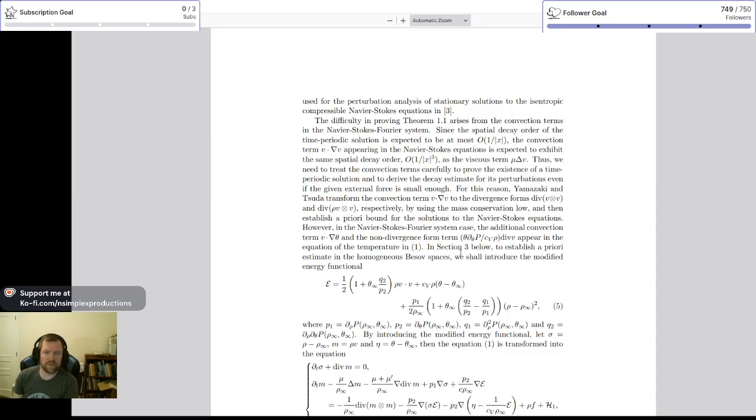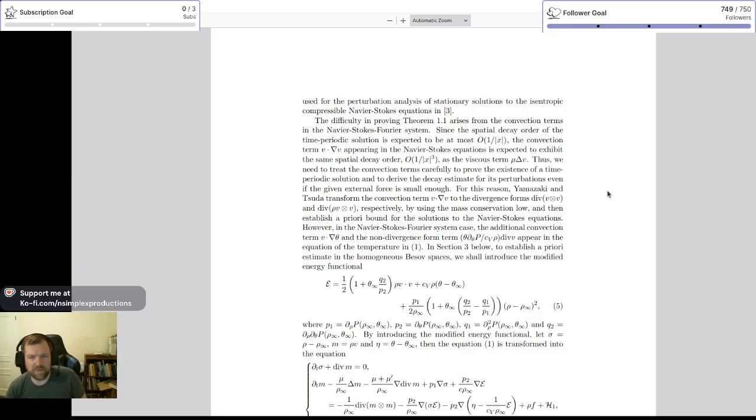The difficulty in proving Theorem 1.1 arises from the convection terms in the Navier-Stokes-Fourier system. Since the spatial decay order of the time periodic solution is expected to be at most O of 1 over absolute value of x, the convection term v dot gradient v appearing in the Navier-Stokes equations is expected to exhibit the same spatial decay order, O of 1 over x cubed, as the viscous term mu times delta v.